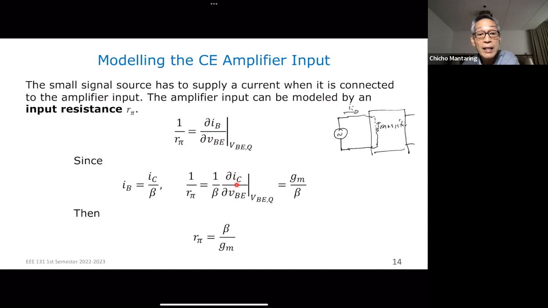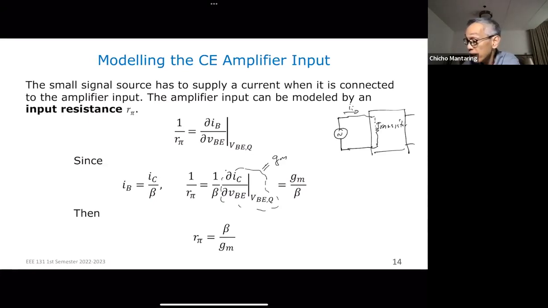So ito yung IC natin, ito ngayon yung beta. But what did we say was this? Okay. Itong quantity nito, the partial of IC with respect to VBE at the quiescent point is just our transconductance. This is just equal to GM.